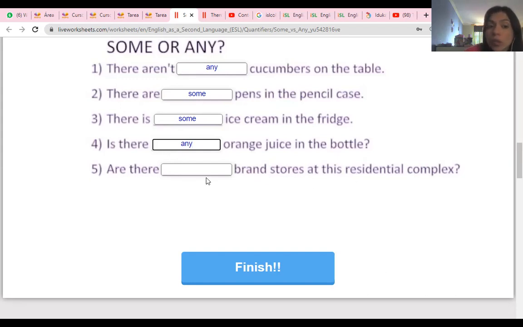There are, because brand stores son tiendas de marca, ¿no? En este complejo residencial, ¿hay algunas tiendas de marca?